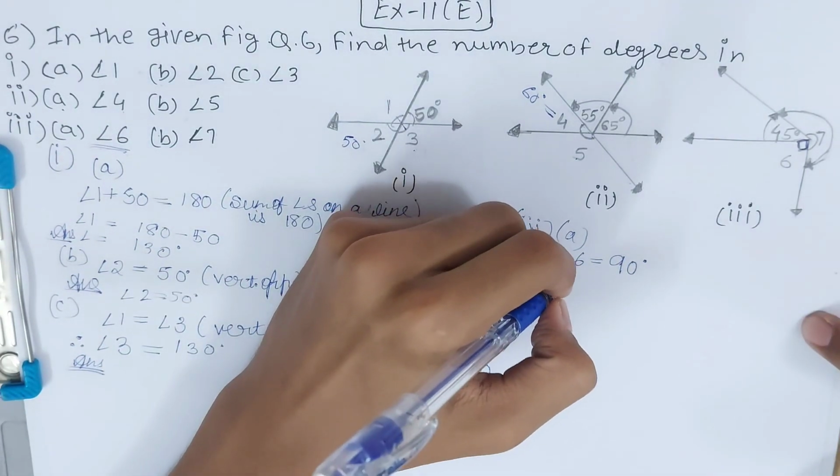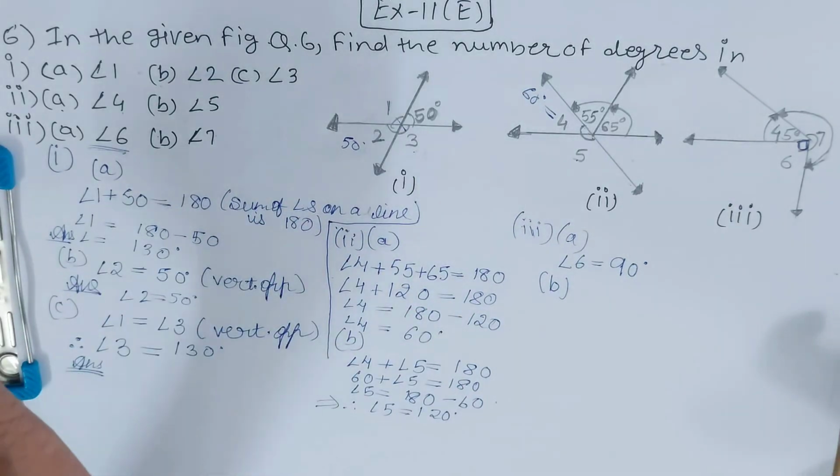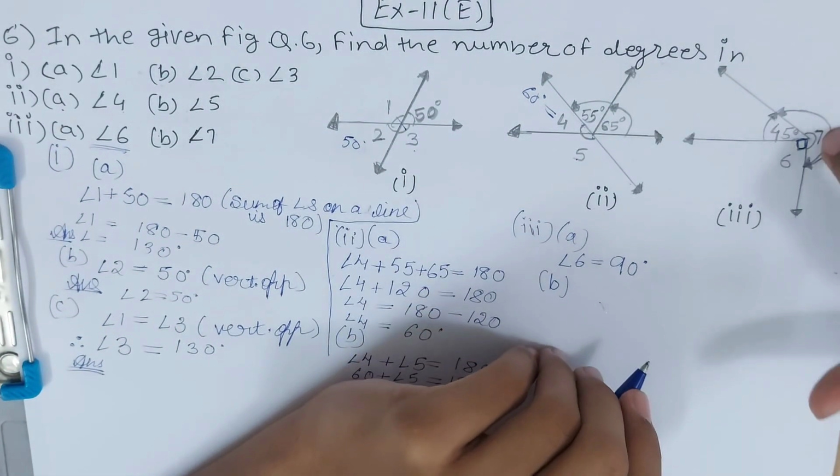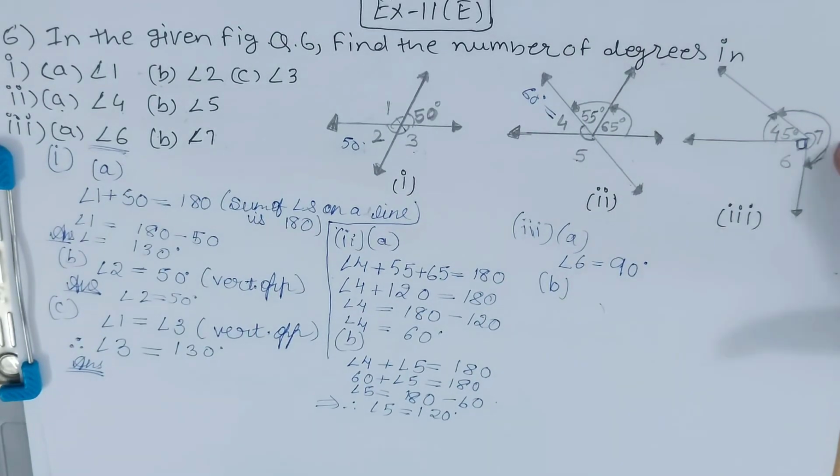Now part B, you have to write here. See, part B, this is angle 7, this one. So what property? Now we will use sum of angles at a point. Sum of angles at a point is 360 degrees.